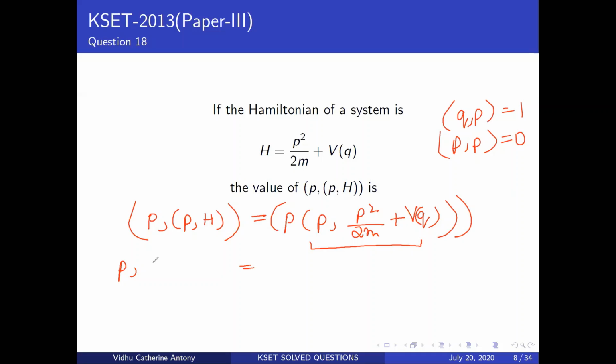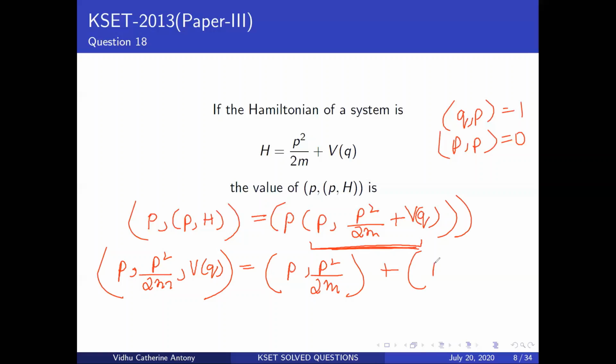Okay, so I've got {p, p squared divided by 2m}, I'm just taking this bracket out now, comma V of q. You take this out and then you can split this up into two things, plus {p, V of q}. Now, how can I write this V of q?